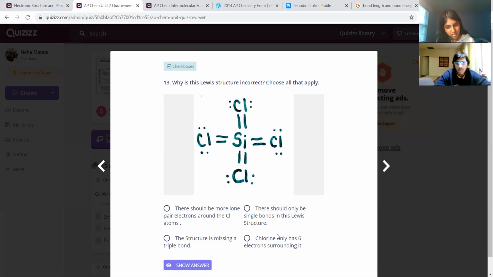I don't know what this is even saying, honestly. Oh no, I do, I guess. I think it's saying that there's only 6, but there's still 8. Like it still has 8. So I think it should be this one. There should be more lone pairs, because if you change it from double bonds to single bonds, then it should give it another lone pair. Okay, so yeah, there's two. Yeah. Okay.